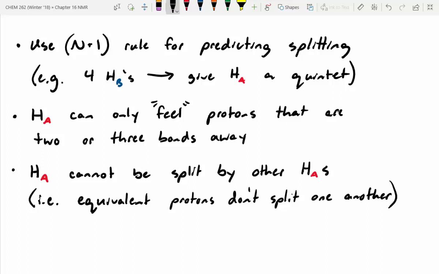Does that make sense? So when you're looking at splitting, you only want to look at protons nearby that aren't equivalent to the proton you're investigating.